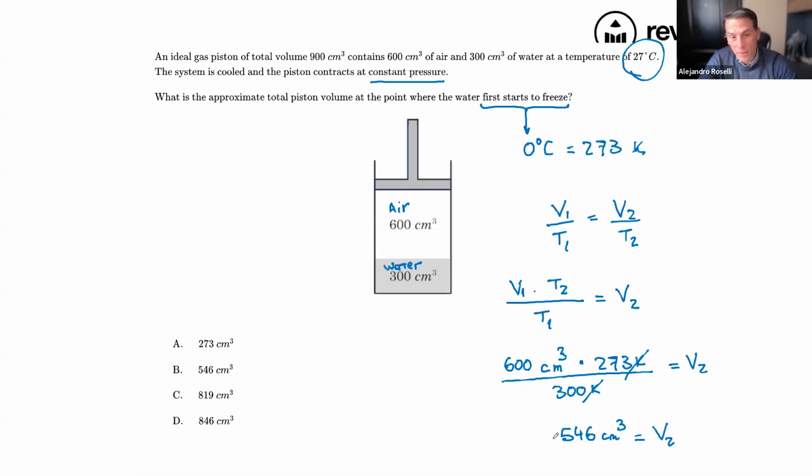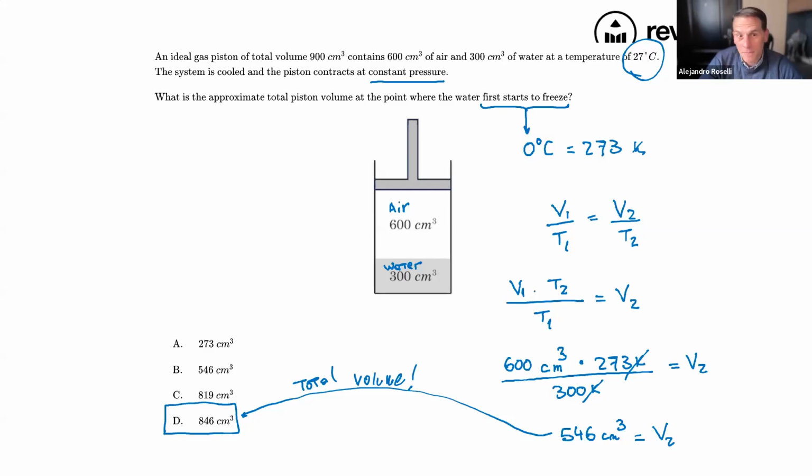So you might have realized that we still need to add those 300 cubic centimeters of water, leading us to 846 cubic centimeters for the total volume. Okay, and that's it. I got one more problem to go, and then we'll go straight into the Q&A, and we'll discuss whatever questions might still be floating around.